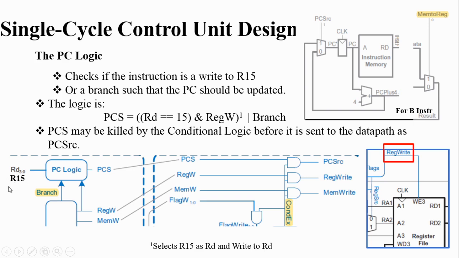So if the destination register is R15 and if you are writing a value into R15, so PC will be updated based on this, or PC need to be updated based on the branch instruction, right? So the actual logic is PCS, that is the PC source, will be equal to RD equal to 15 and RegW. So RegW means you are generating a register write signal, right? If you are setting the destination as R15, then you are giving a data into the register file, but it will be updated only when register write is set.